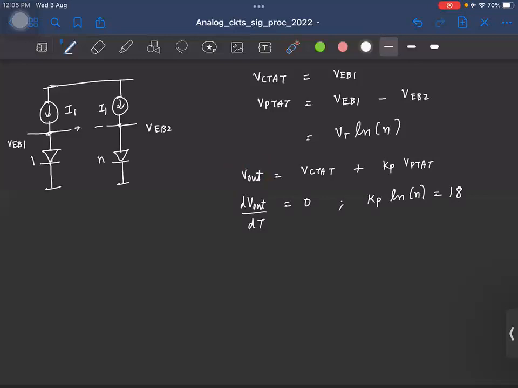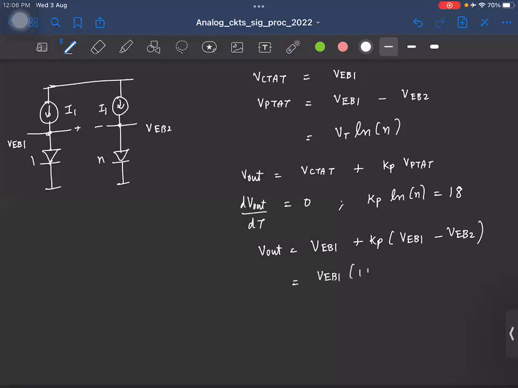So for that, let me expand V out. V out is V CTAT, and CTAT is one diode drop. So that's the EB1 plus Kp times the PTAT voltage, which is the EB1 minus the EB2, right? So now if you simplify it, what do you get?